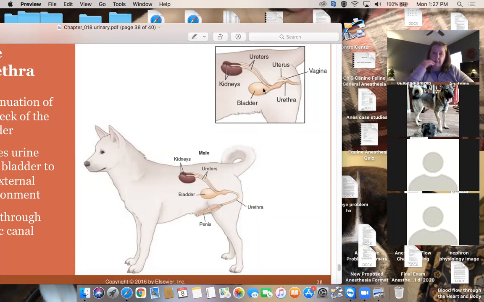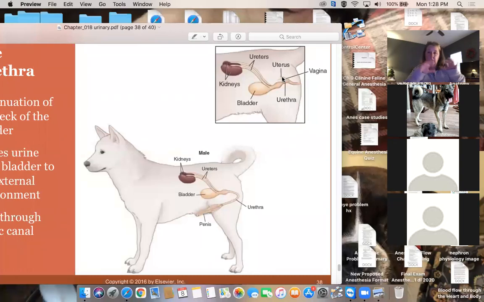But a lot of times if you're passing a urinary catheter in a female and you're only getting in maybe 2-3 inches, it's because you're hitting the vaginal wall and you're not in. It's also blind, so you have to go by feel. You can put a speculum in to try and open it, but the opening to the urethra is a little bit deeper, so it's hard to see.